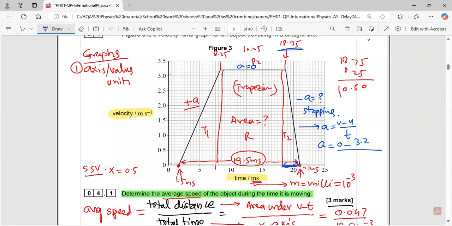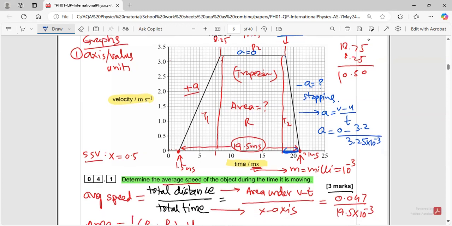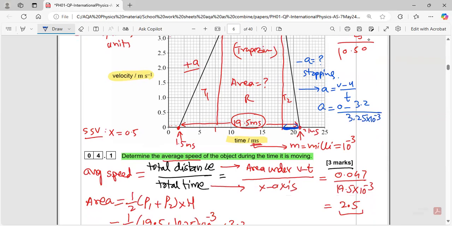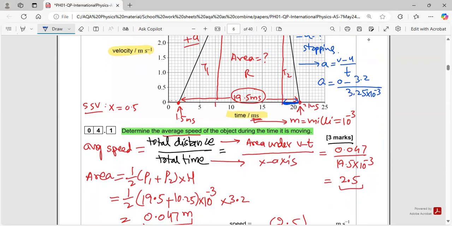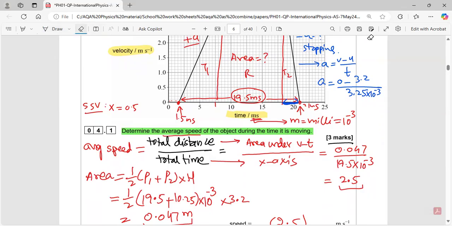So this is 21 minus 18.75, so it is 1, 2, 3, so we can say 3.25 millisecond, and don't forget to multiply it with 10 to the power -3. So when you do this, you will get some deceleration. Maybe we have to double check this.